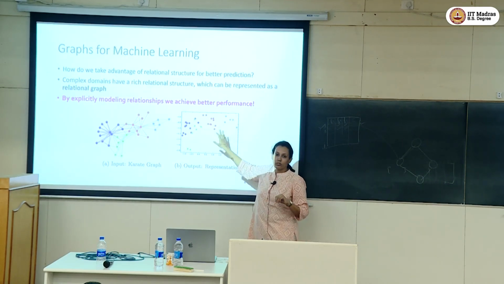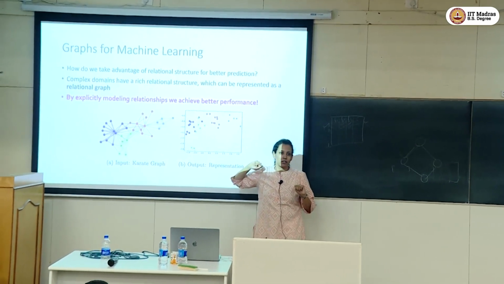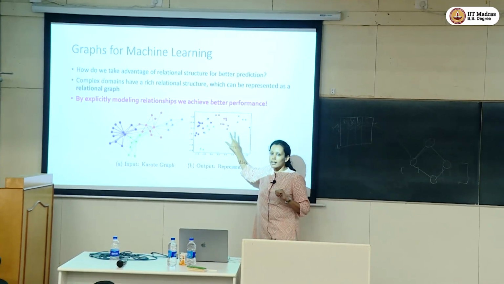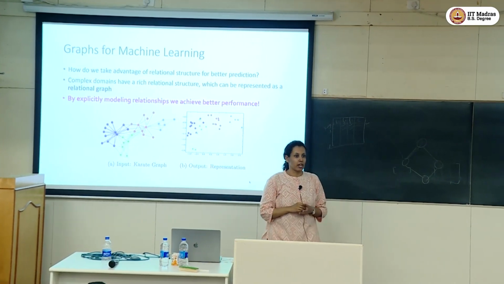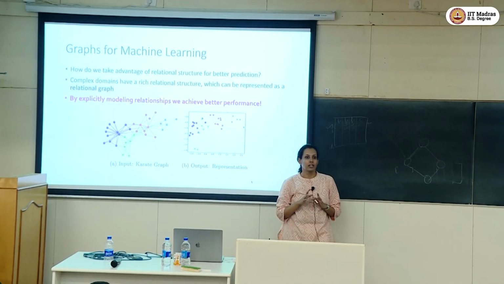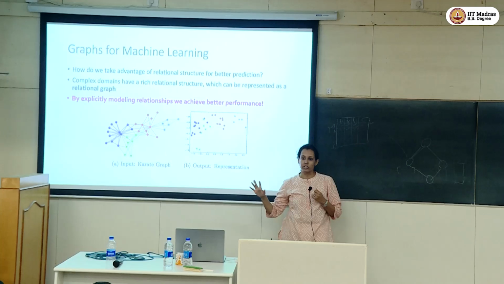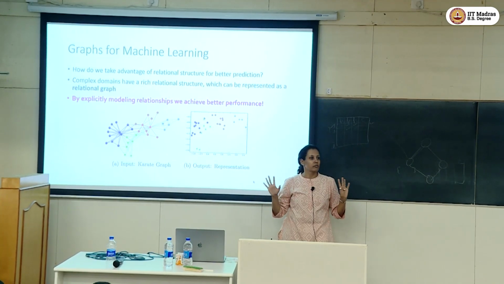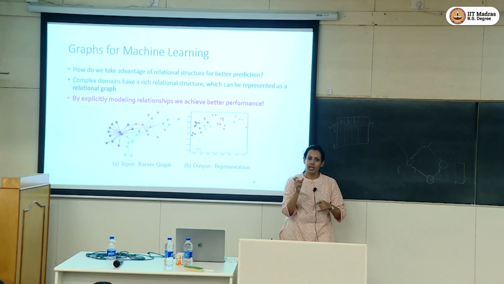And all blue are closer, violet are closer, but red and violet are far because they are of different classes. So the whole aim of machine learning is that you want semantically similar things to be closer in the feature space and semantically dissimilar things to be farther in the feature space. This is the main goal when you are saying I am learning an embedding, right?